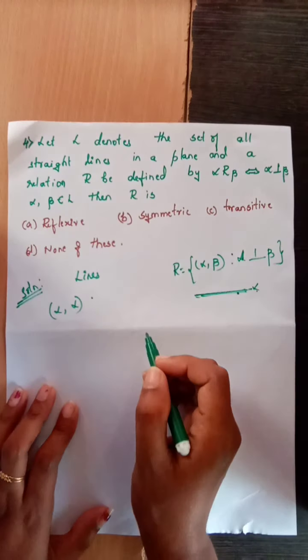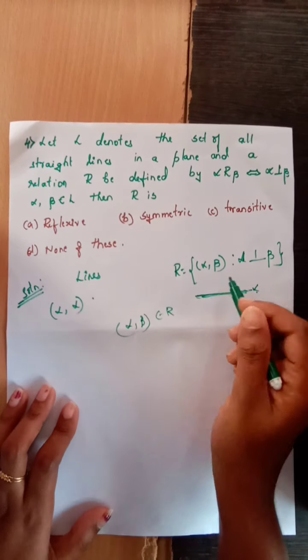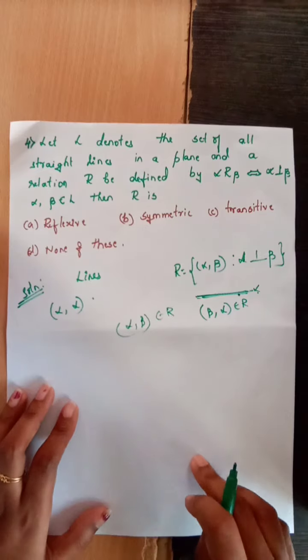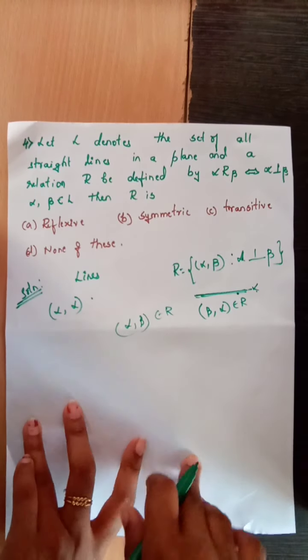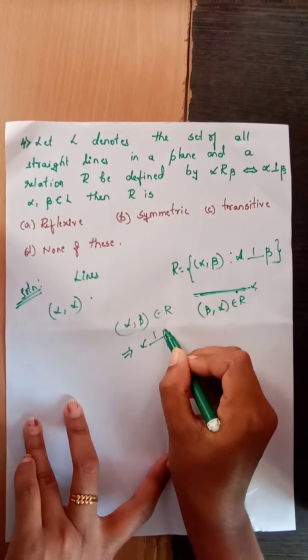When it comes to symmetric, if alpha comma beta belongs to R, and we get beta comma alpha also belonging to R, then we can say that the relation is symmetric. But what do you mean by alpha comma beta belongs to R? That means alpha is perpendicular to beta.